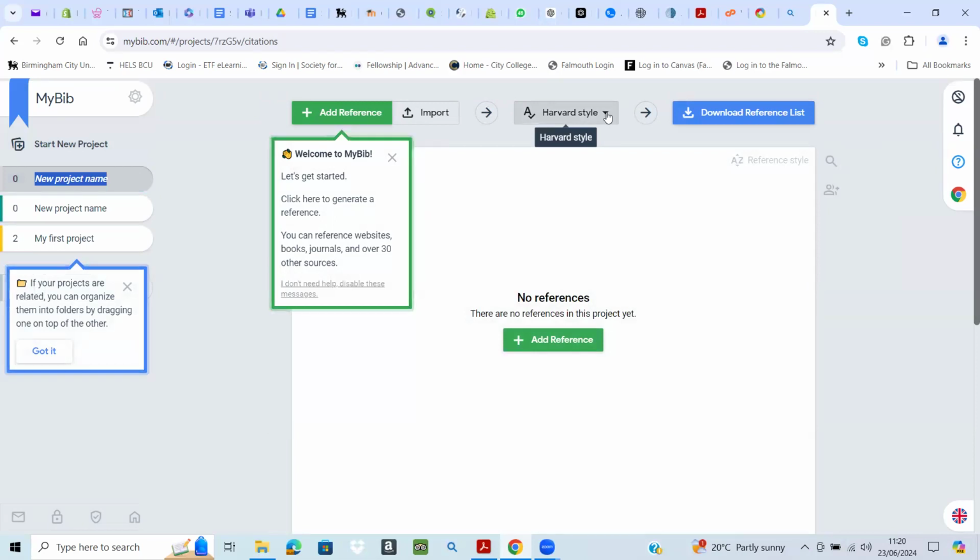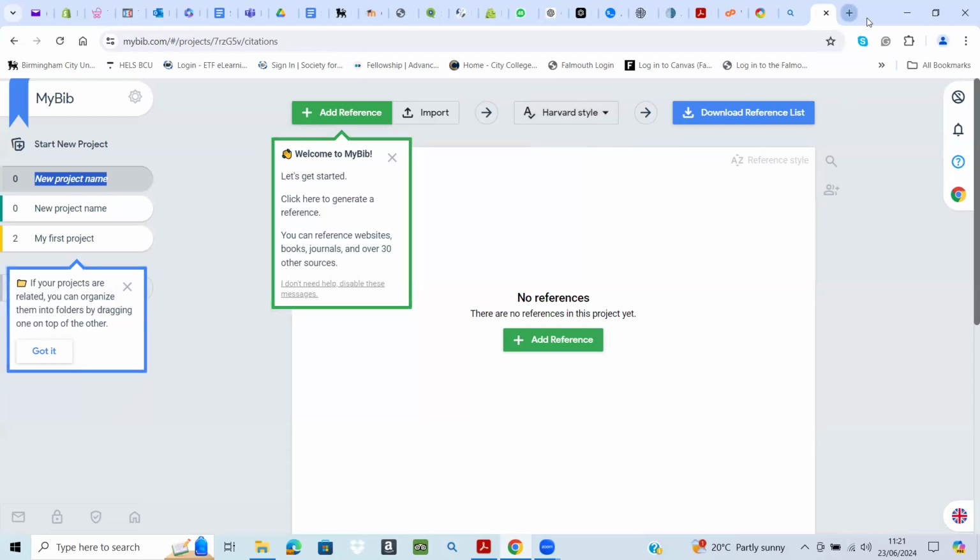We need to make sure that for whatever references we are generating from mybib.com, we have selected the right referencing style. In our case, it should be Harvard. So these are related to referencing and in-text citation. It's an easy tool for us if you use mybib.com.